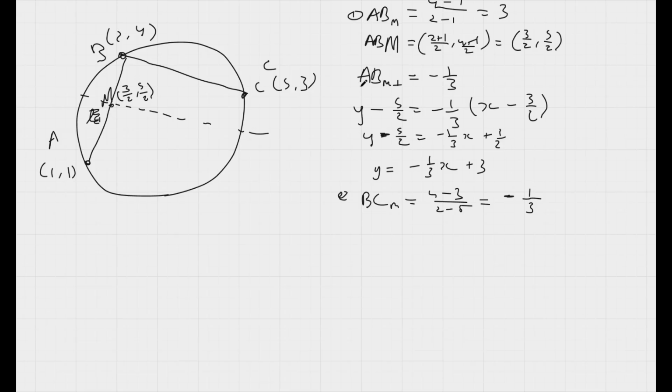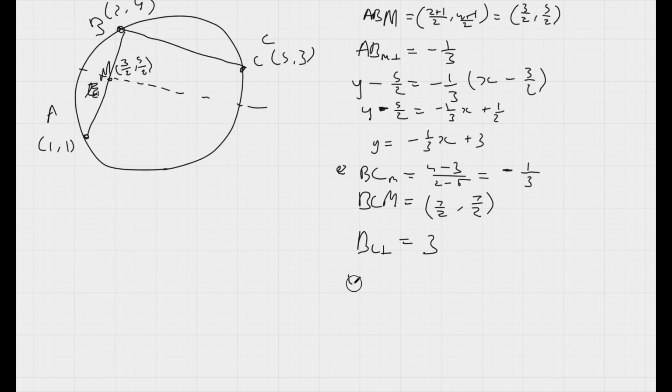But so then let's get the midpoint for this, which would be 2 plus 5 divided by 2, 7 over 2, and 3 plus 4 divided by 2, 7 over 2. And now let's get the negative reciprocal of our gradient, which would be equal to 3.